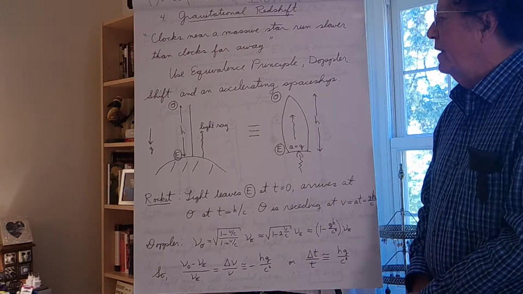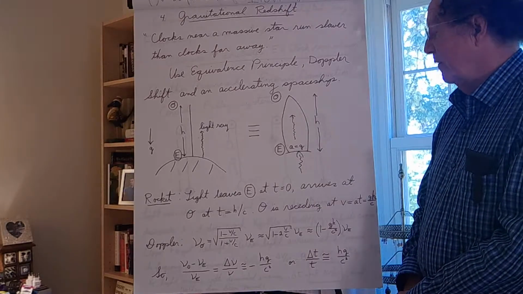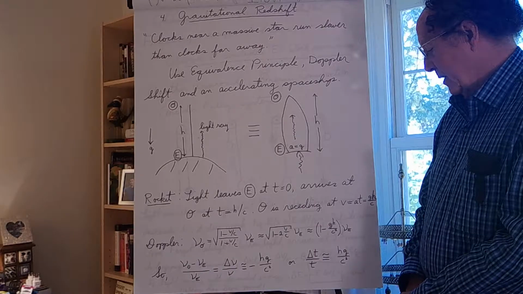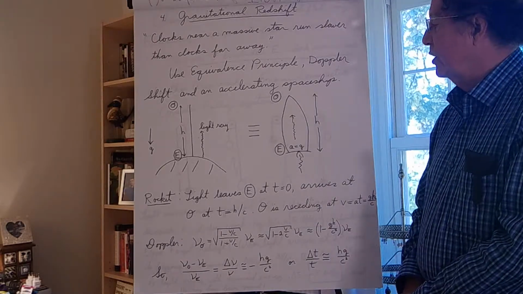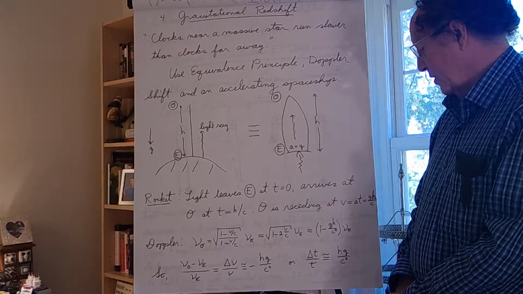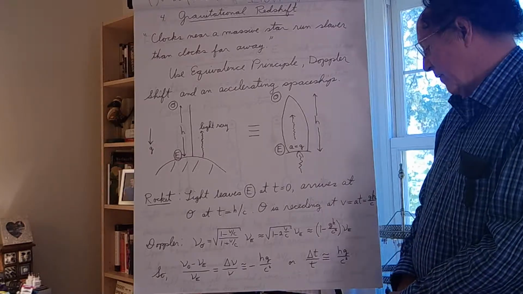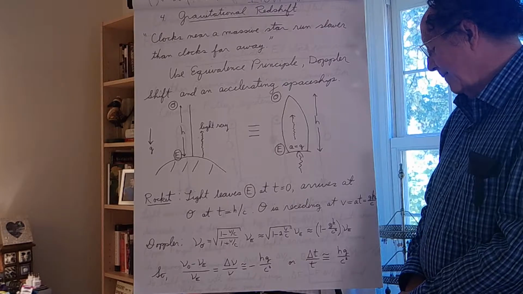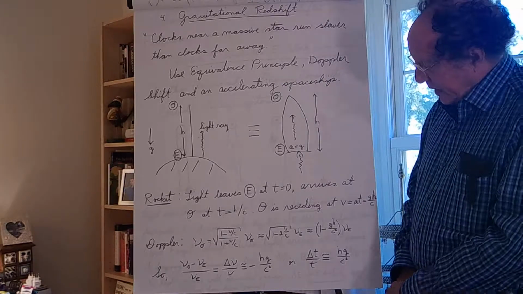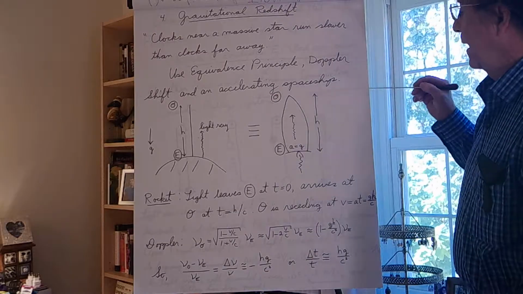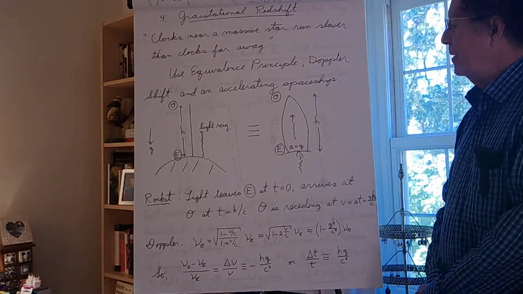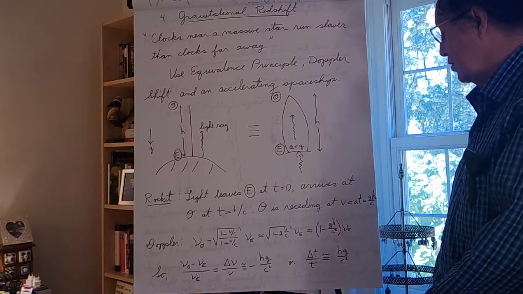From that, I can then tell you how much the redshift occurs as I shoot light from one point of position R to another point of position R, perhaps radially away from the planet. Okay, and I also see here I did it for the case of a potential that I can write as g times h.